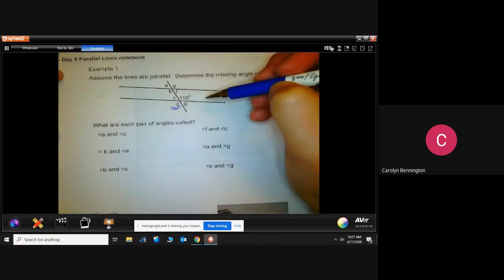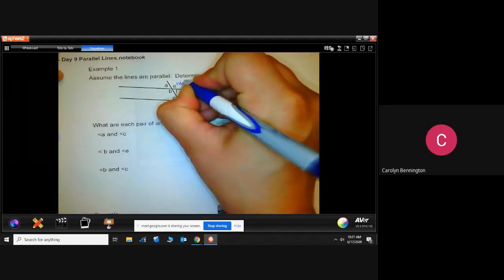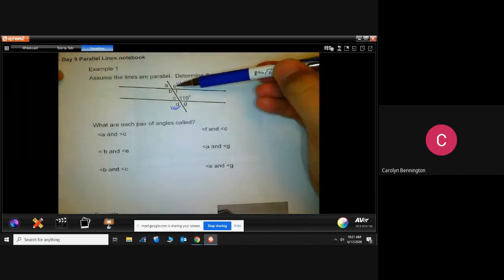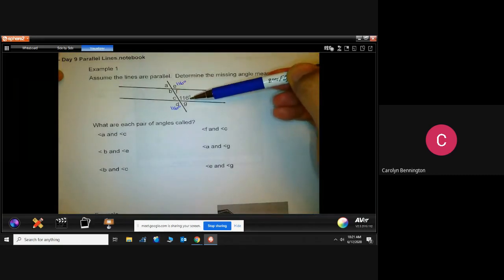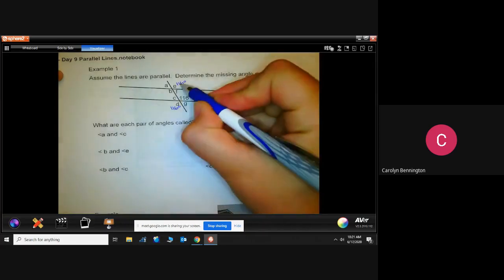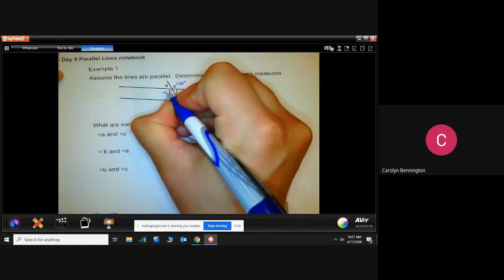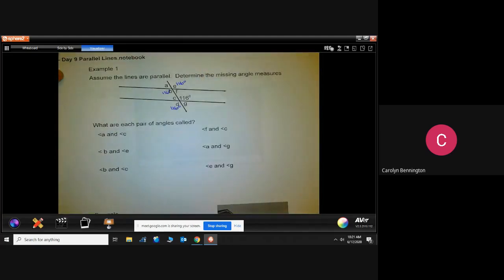I also know that angle E is going to be 116 degrees because angle E and the initial 116 degrees are corresponding to each other. They're in the same position, just on two different lines. And then another vertically opposite angle to angle E is angle B. So angle B is also 116 degrees.